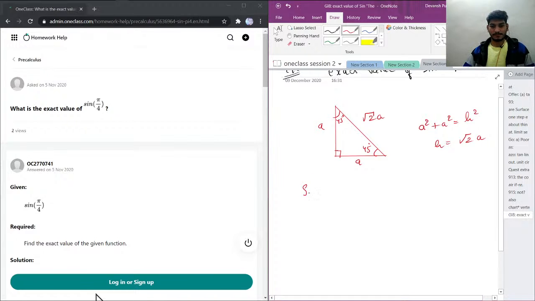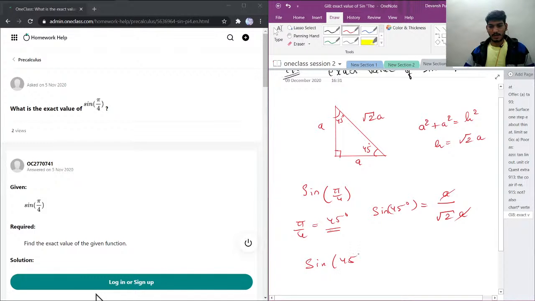Now sine pi by 4. Pi by 4 is basically 45 degrees. So sine 45 is going to be opposite, which is a, over hypotenuse, which is root 2a, and this a and a can get cancelled.